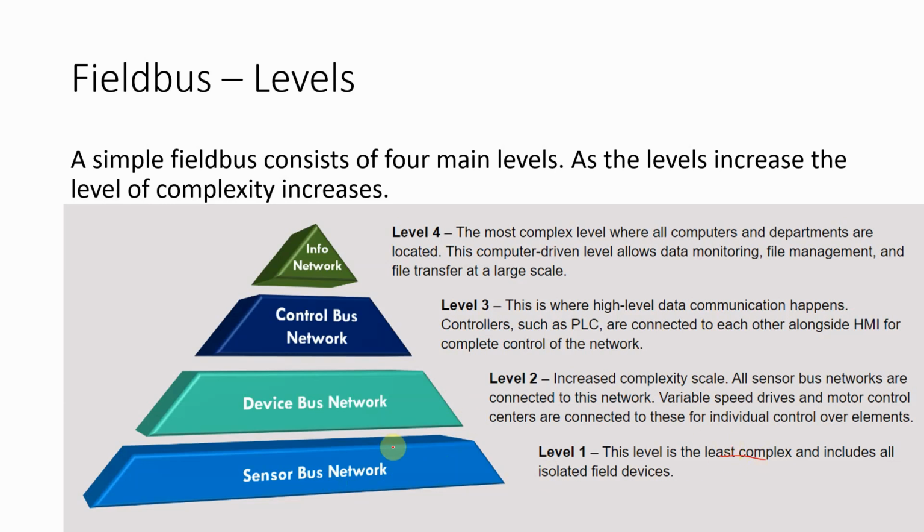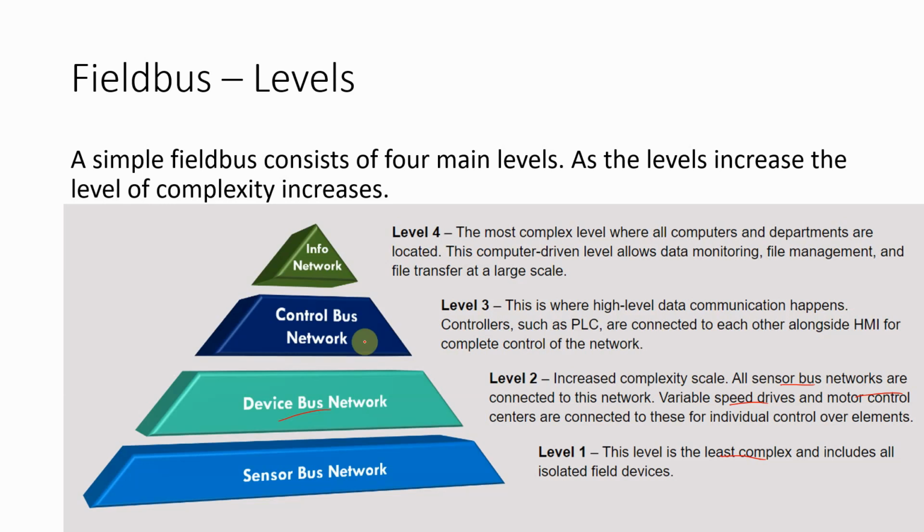Level 2, you can have a device bus. It's not just a sensor itself, but then you have variable speed drives and motor control. Some of these things have some controller inside for connectivity. So the sensor is connected to all these variable speed drives and motor control.